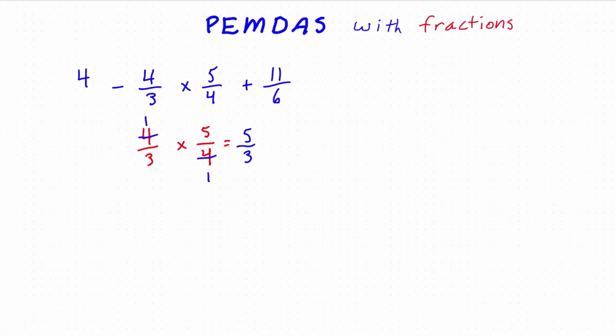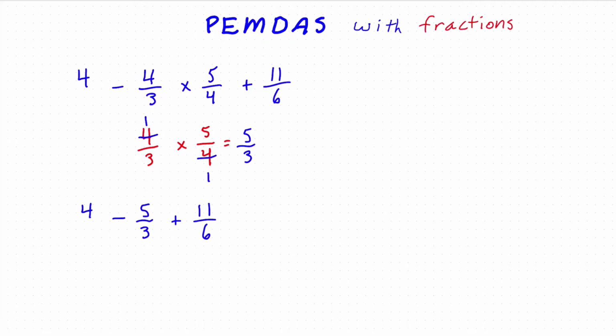We still need to rewrite our problem so we can look at it again. We have 4 still from the original problem. Our two fractions right here are now 5/3, so I'm going to write that in there, 5/3. Plus, we still have 11/6 over here, so we're going to put that back in our problem as well, 11/6.